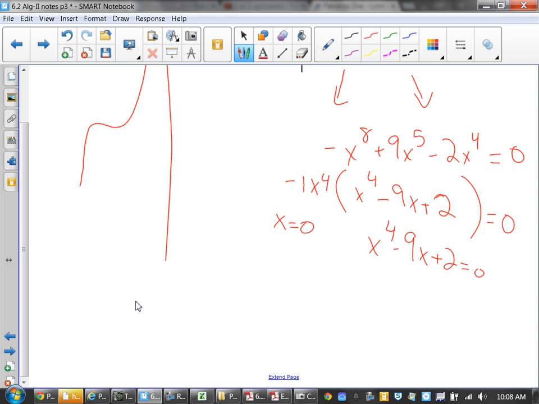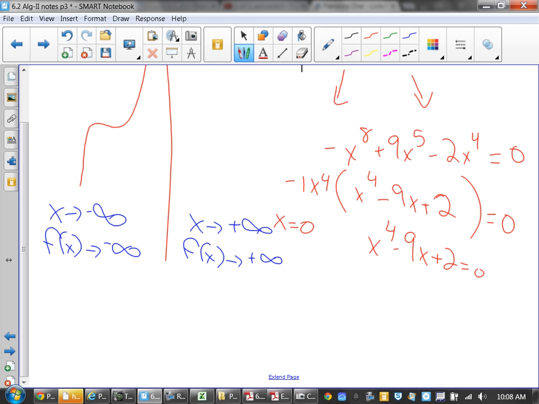So tonight, when you get to the homework, here's the way I would like you to write this. When they're asking about what's happening at the tails, make sure you write it as: as x approaches negative infinity, f of x is approaching negative infinity. As x is approaching positive infinity, f of x is also approaching positive infinity.